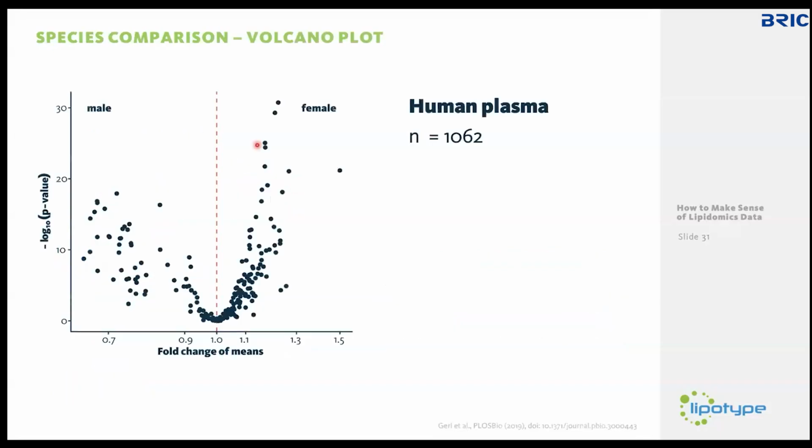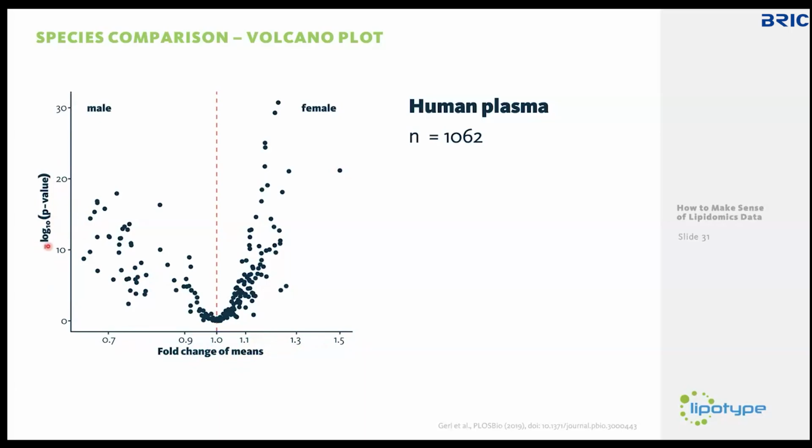So what you're then getting is, for example, a volcano plot. This is usually a list of your lipids with some p-values and fold changes attached, which you can nicely plot as a volcano plot. This means the ratio of means is here on the x-axis, and the p-value is on the y-axis.